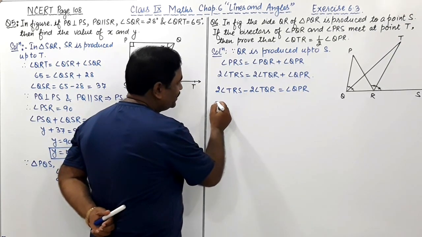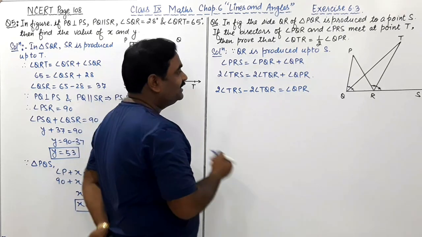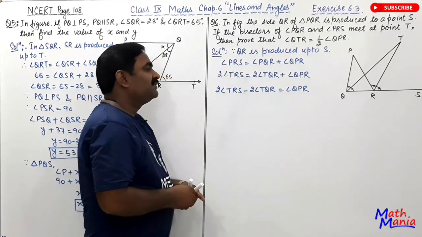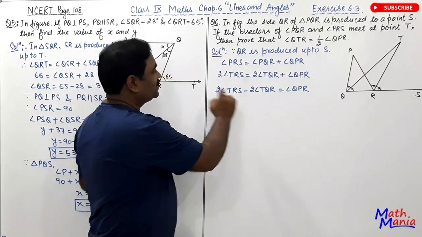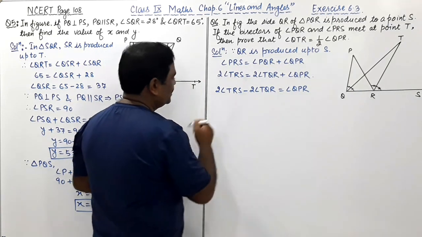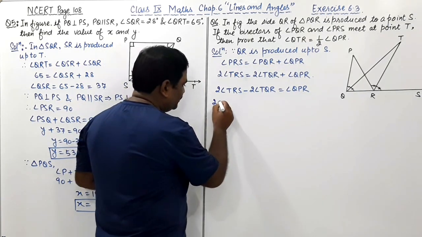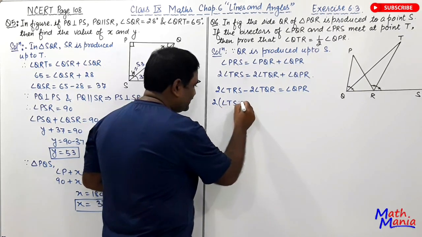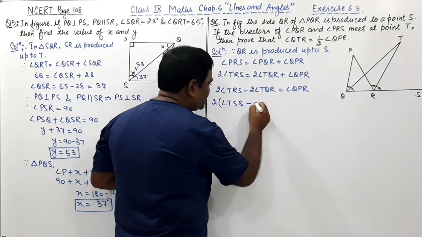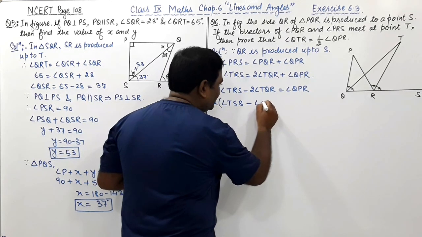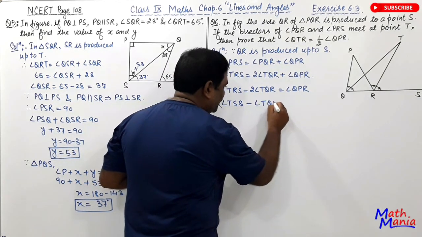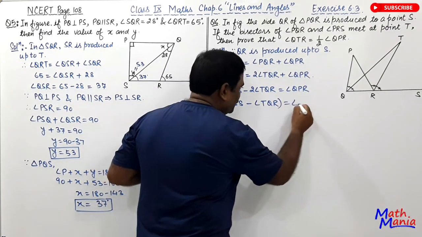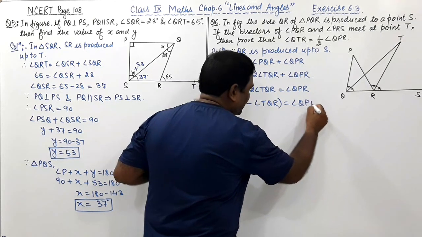No need to take this one R. This is 2, you just take the common. 2 taken common, so angle TRS minus angle TQR equals angle QPR.